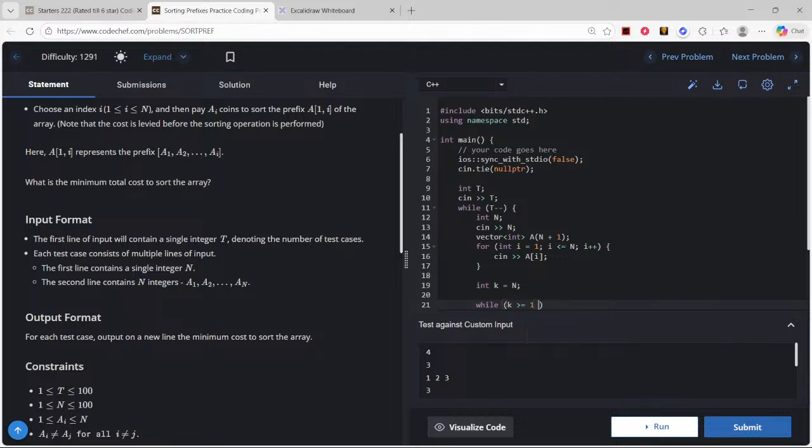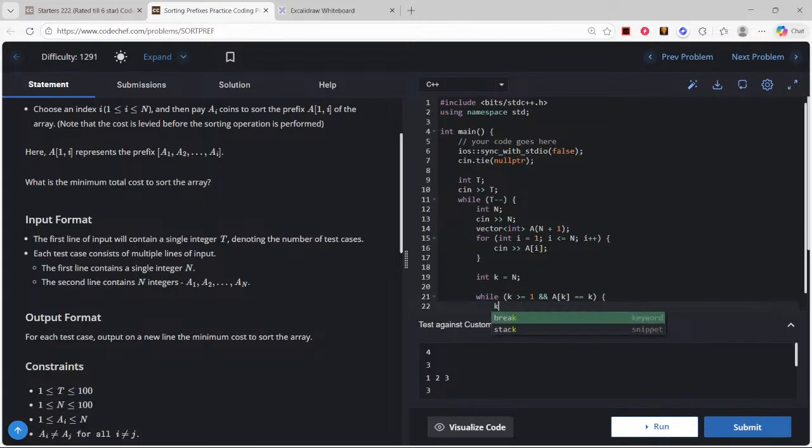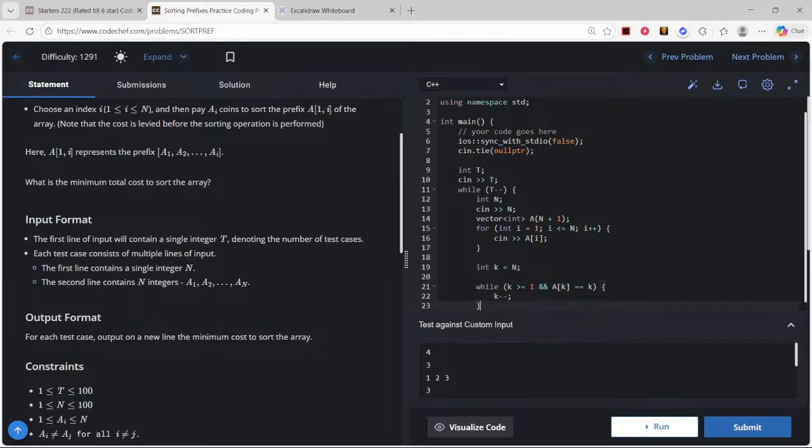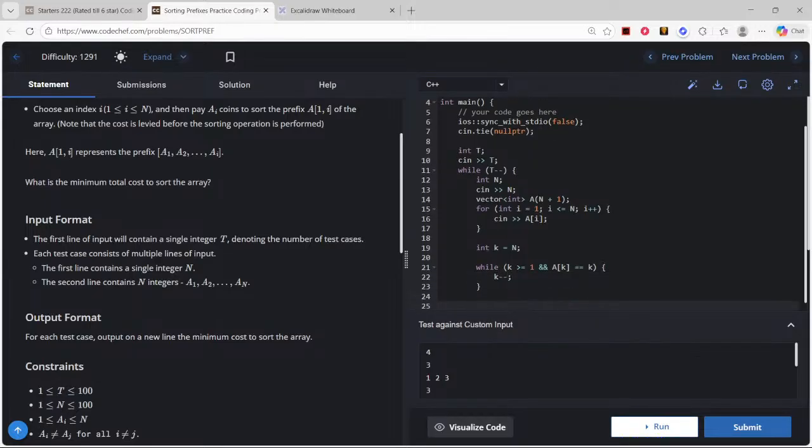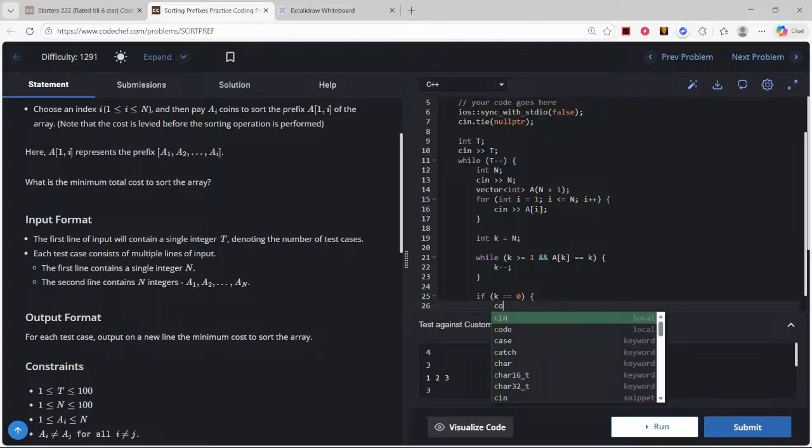Okay, one over right and element k is related to k equal to 0, output 0.